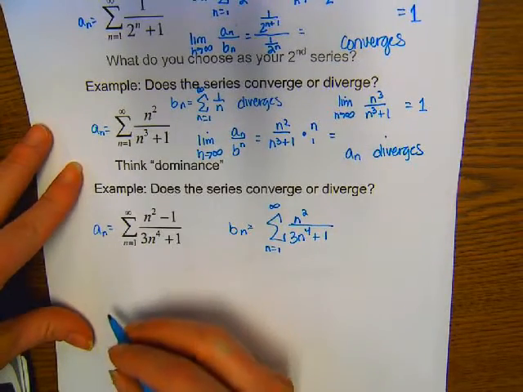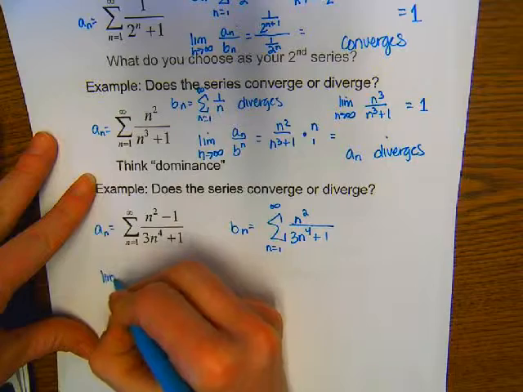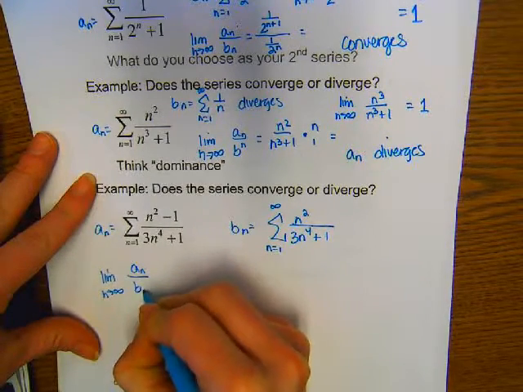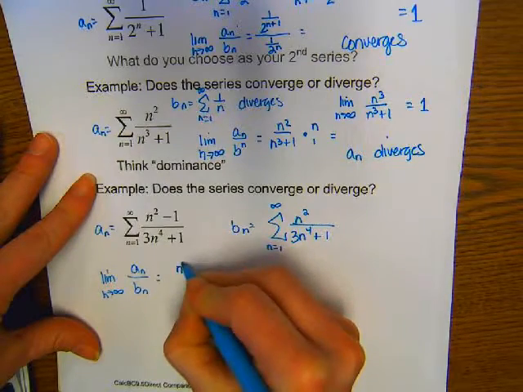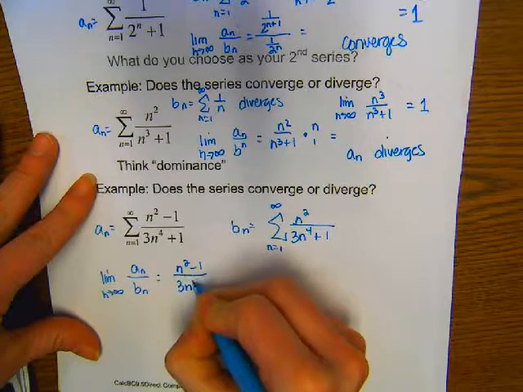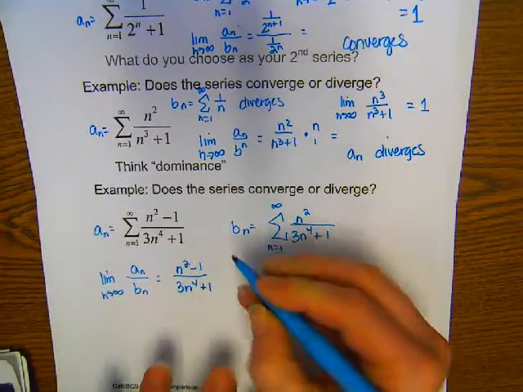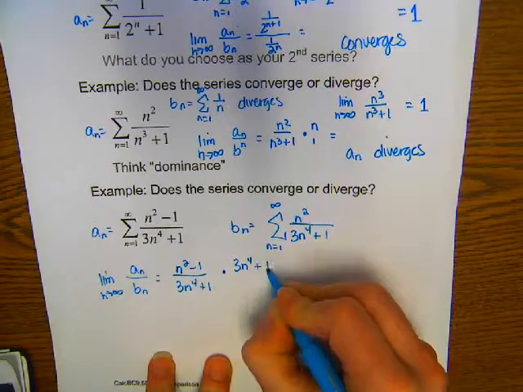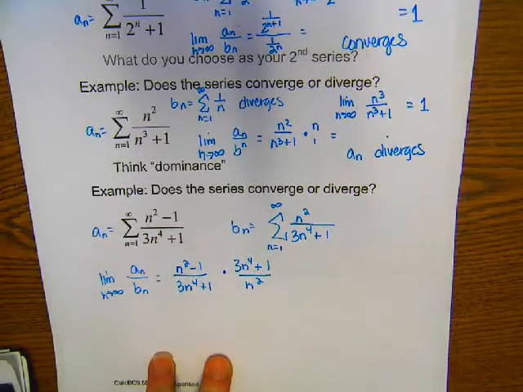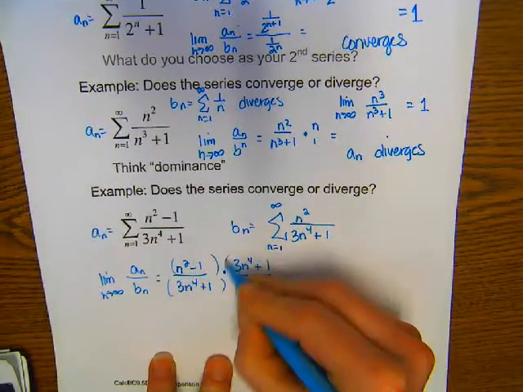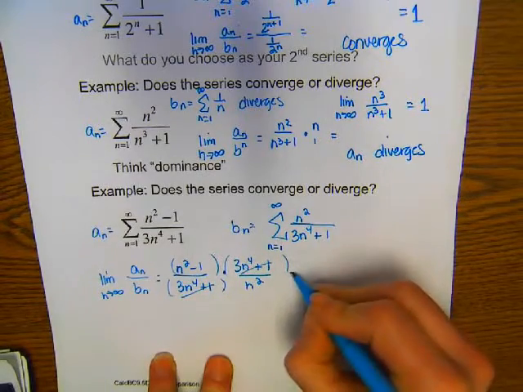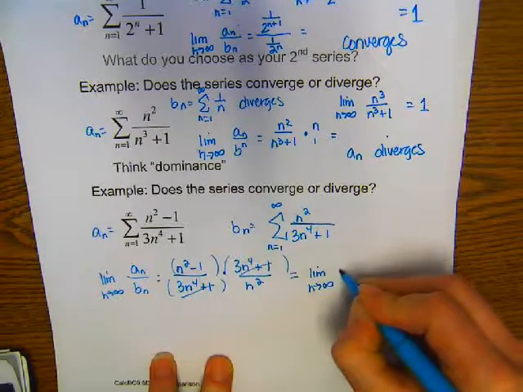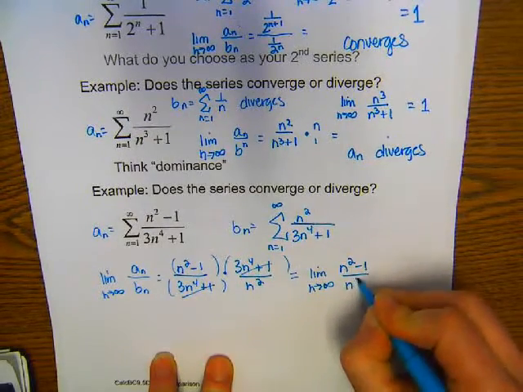So I'm going to divide these two. They have a common factor of this, so we're looking at the limit as n goes to infinity of, once again, n squared minus 1 on top and n squared right here.